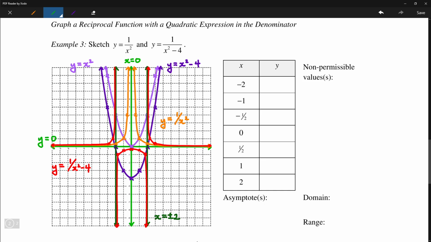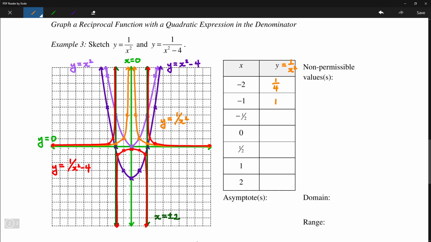All right, so let's focus on just y equals 1 over x squared. And we'll make a table of values here. So if x equals negative 2, squared is 4, and the reciprocal of that is 1/4. And then likewise, negative 1 squared is 1, 1 over 1 is still 1.